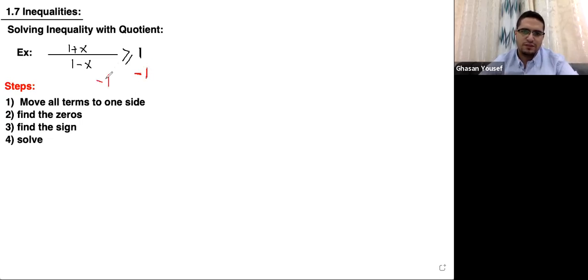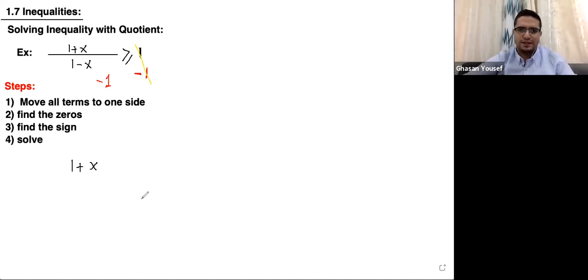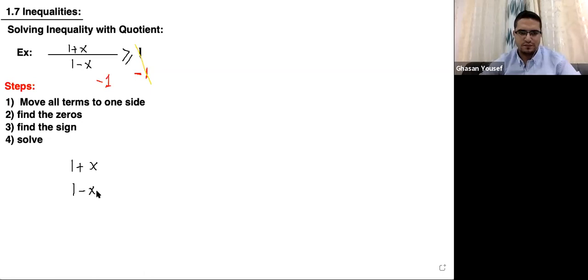After subtracting the 1 from this side, this is cancelled out, 1 minus 1 is 0. And here I get 1 plus x over 1 minus x minus 1 greater than or equal to 0.